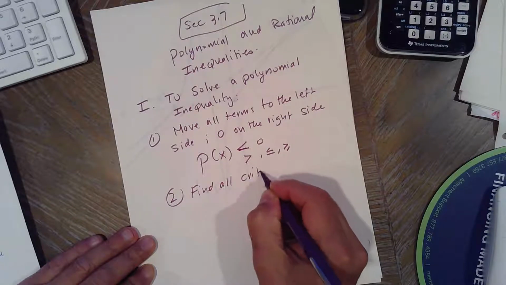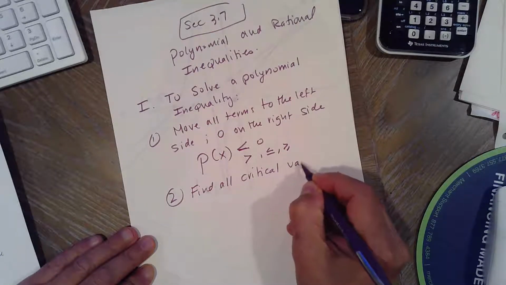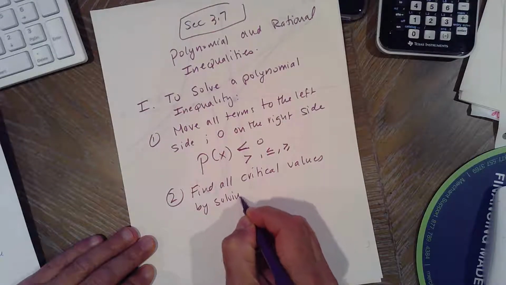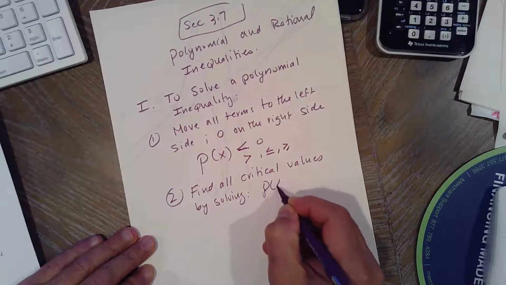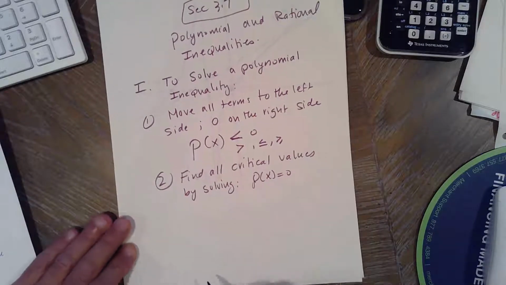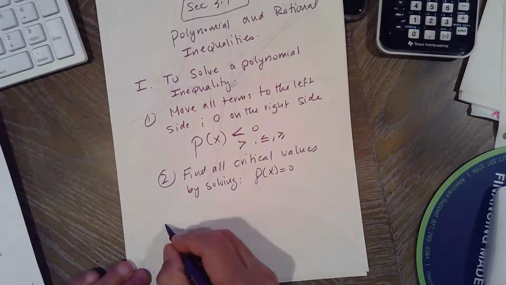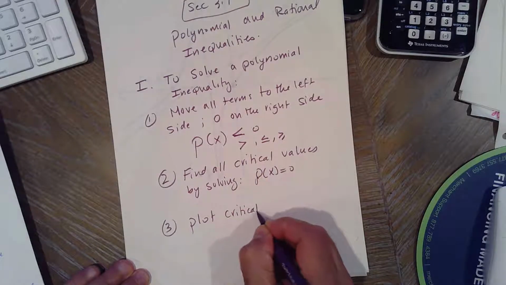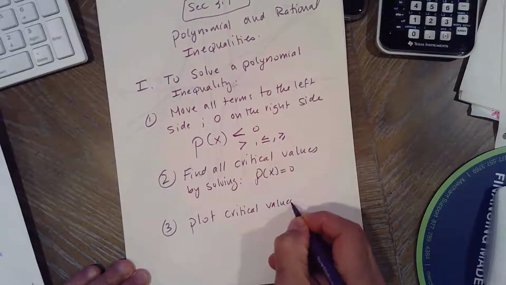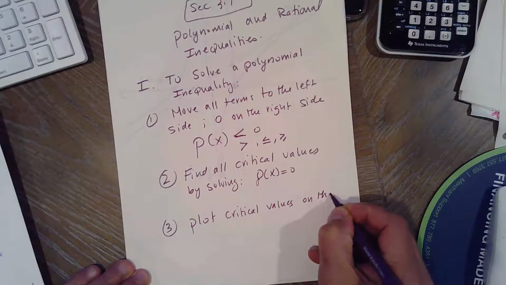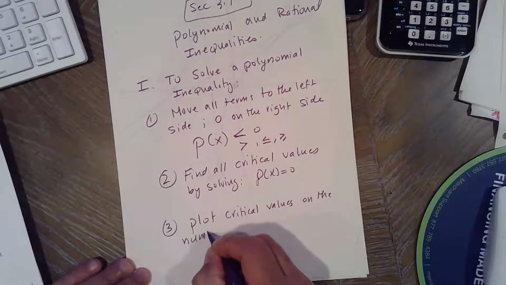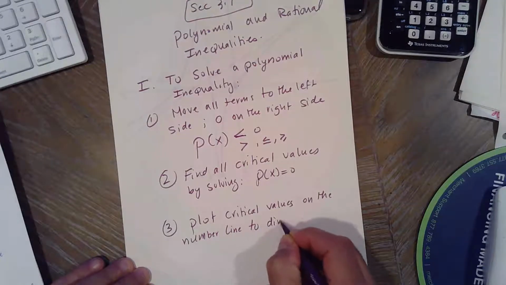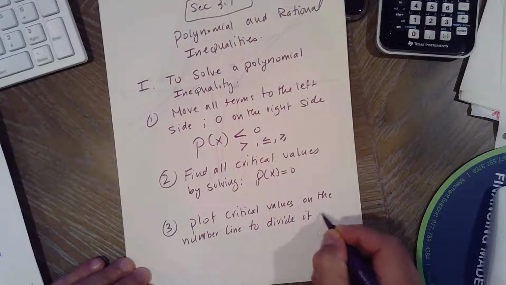Find all critical values by solving the polynomial equation p of x equals 0. And after that, you plot the critical values on the number line to divide it into test intervals.